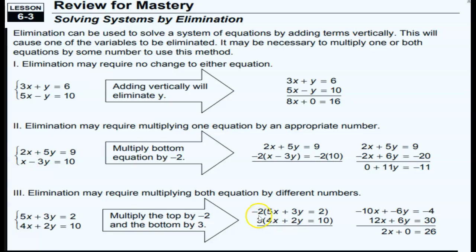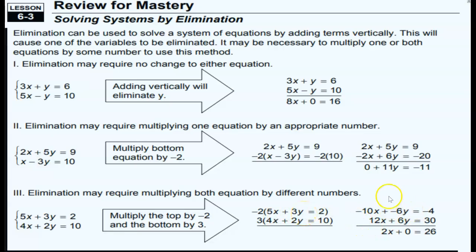What they really want to eliminate is the y here. So they want to eliminate the y by multiplying one equation by negative 2 so that you can get negative 6y, and the other one by just 3 so you can get 6y. So this will eliminate. So it's multiplying by different numbers.